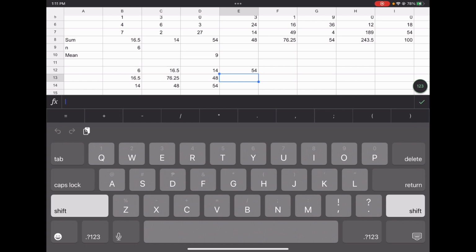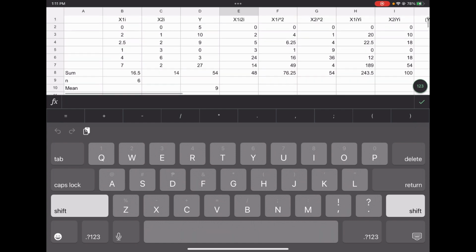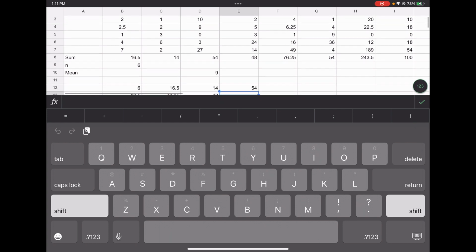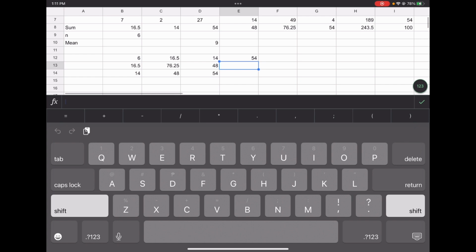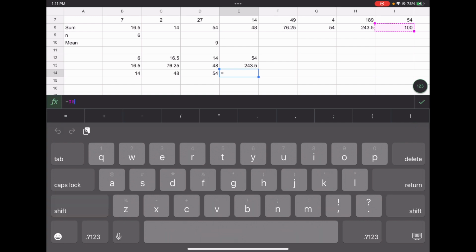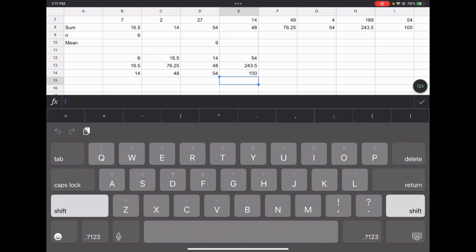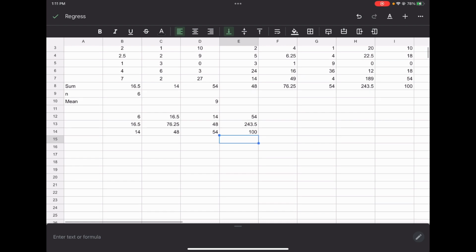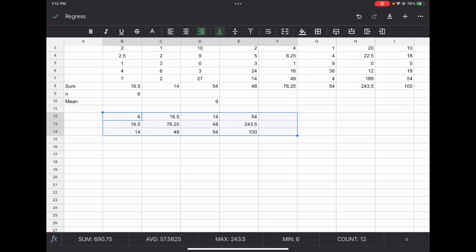And then this one is the product of x sub 1 and y sub i, which is 243. Then this one is 100. Okay, so we now have our given matrix.